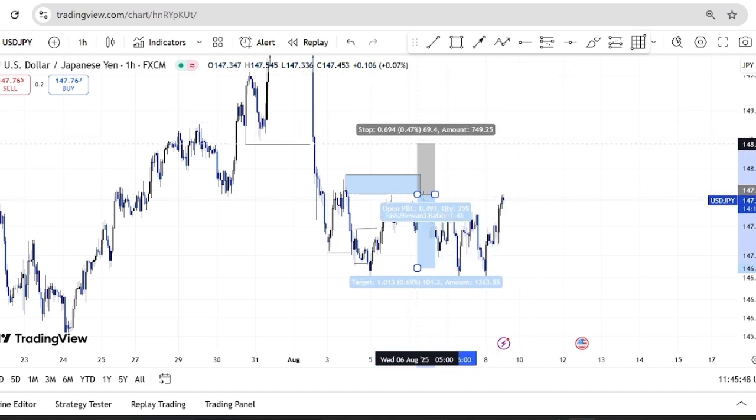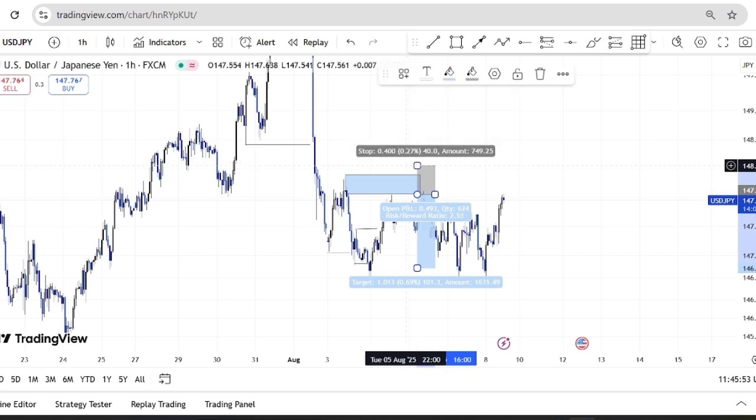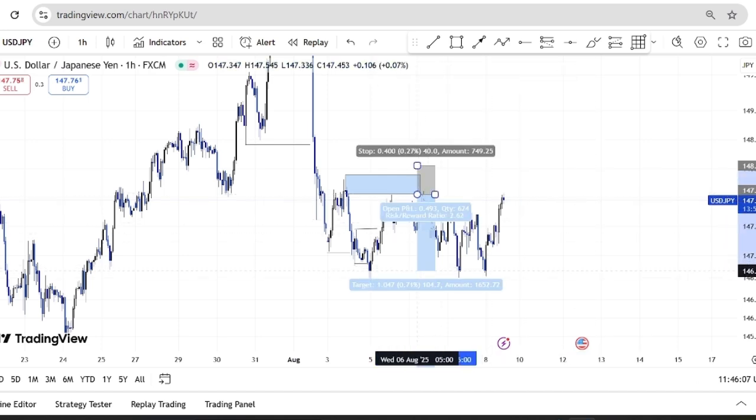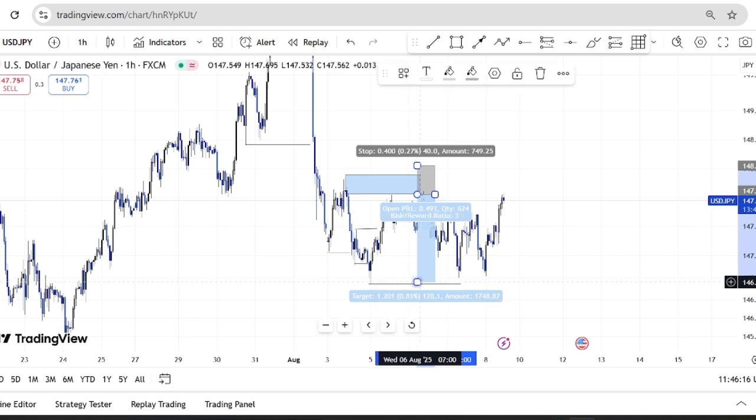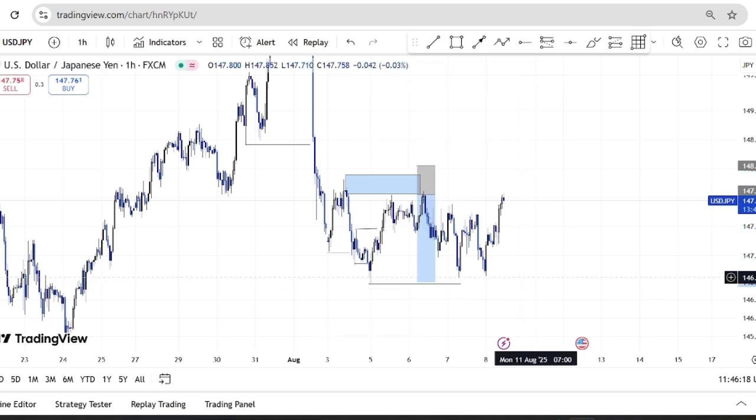Stop loss was about 40 pips. I like placing my partial above the protected low or high. I was targeting this, that was my 1:3 trade.